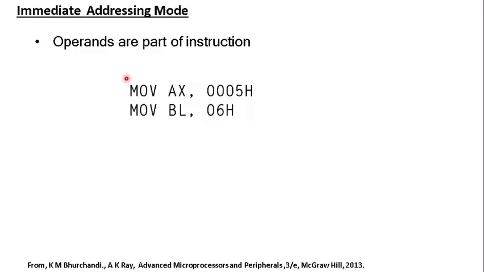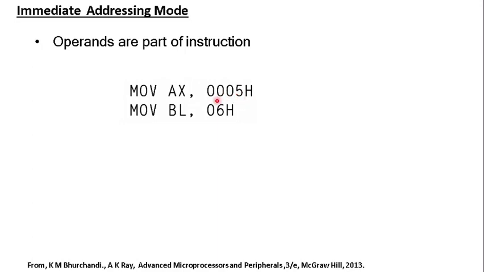As discussed earlier, this is your immediate addressing mode. If you consider this move instruction, we need to move to AX a particular 16-bit value. This 16-bit value is actually made part of this instruction itself. So it is not actually accessed from anywhere outside the instruction like memory or from other registers or from IO devices.